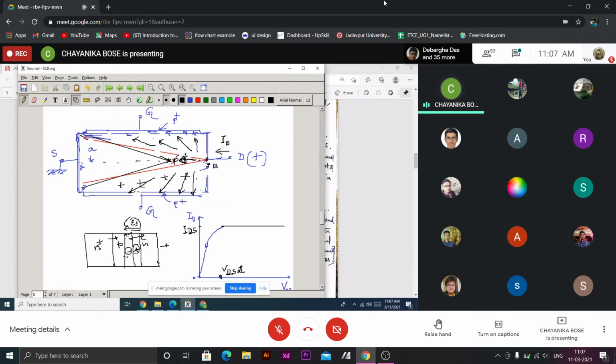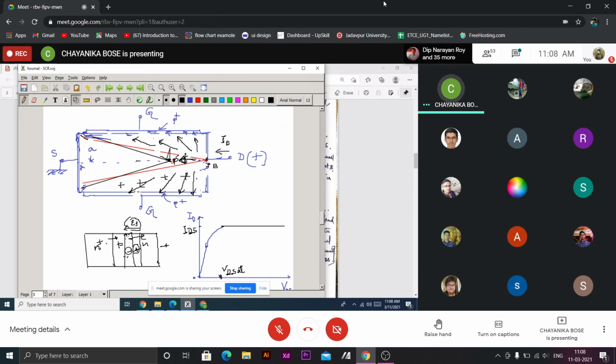And since potential at this pinch-off point is always Vp, once pinch-off takes place here, even if we increase the drain bias, the pinch-off point will shift, and here the voltage is always Vp.